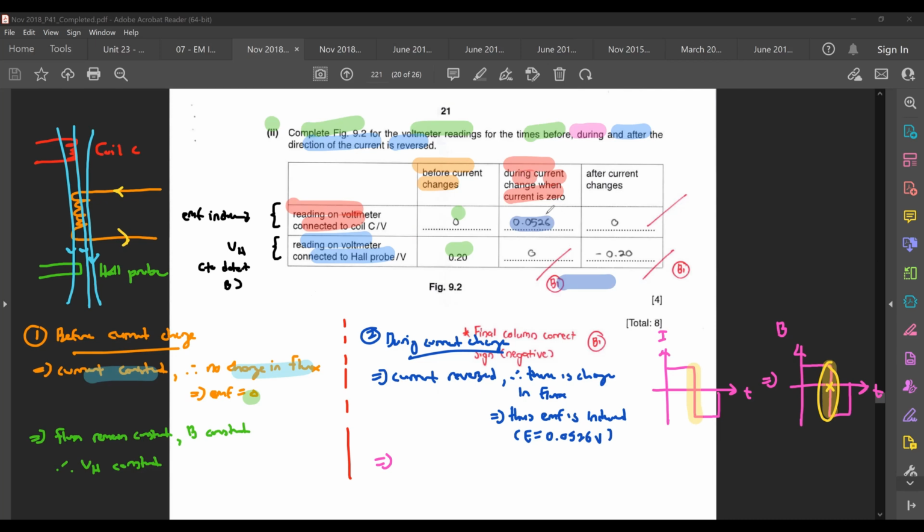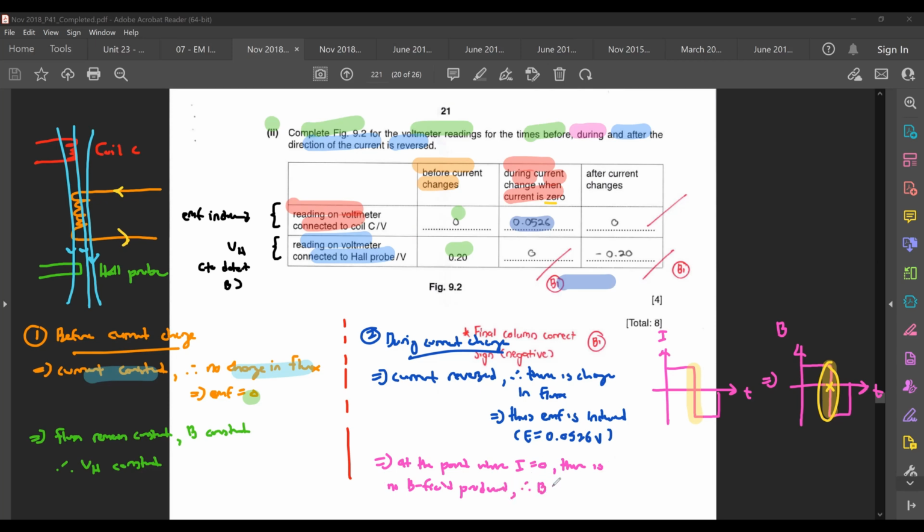Because here, at that instant in time where you are changing the current direction, when current is zero, your Hall voltage is actually zero. Maybe I just write it here. At the point where I is zero, there is no B field produced.